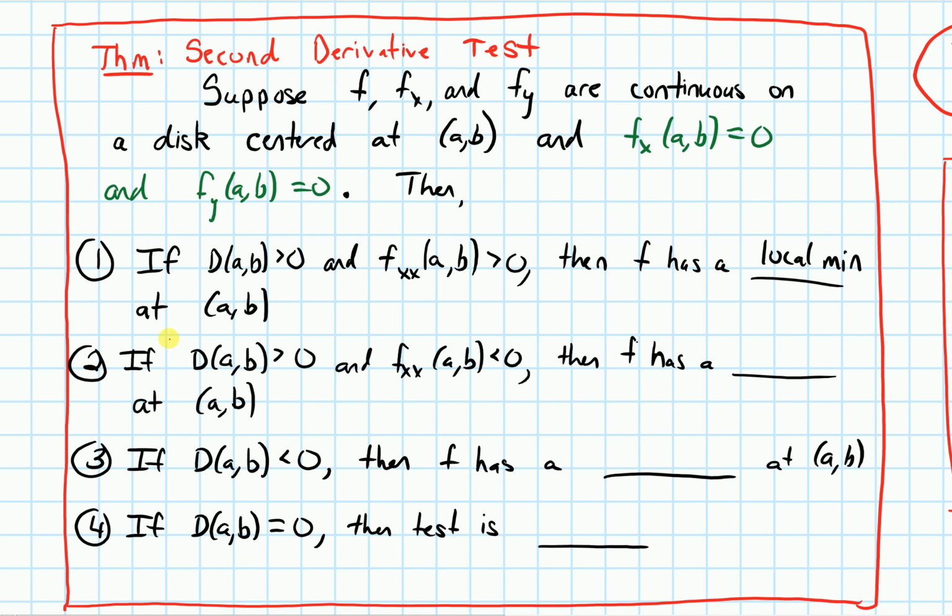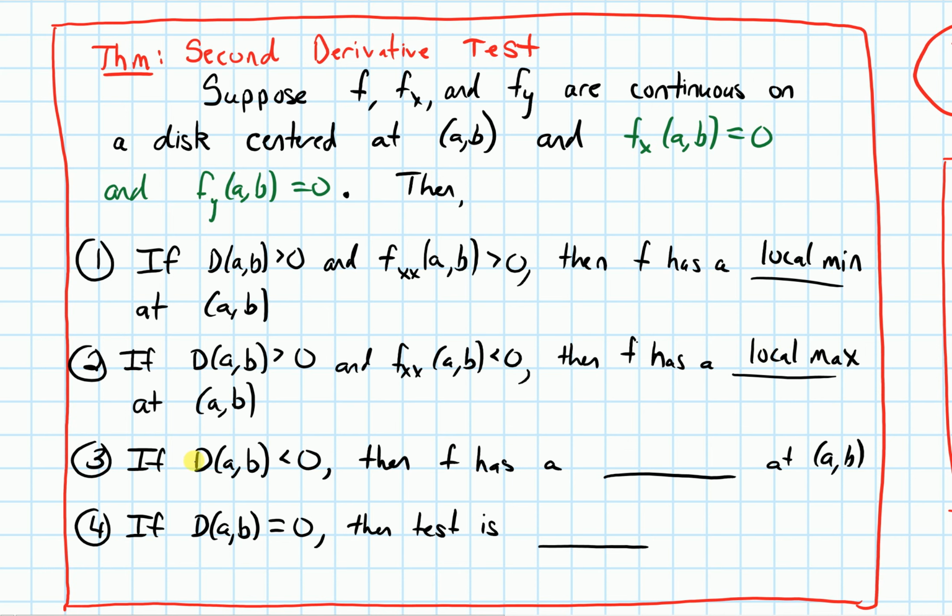If we keep that the same, for the most part, and all we change is that the second partial derivative with respect to x is now negative, so keep the determinant positive but make the second partial derivative with respect to x negative, then we have a local max.